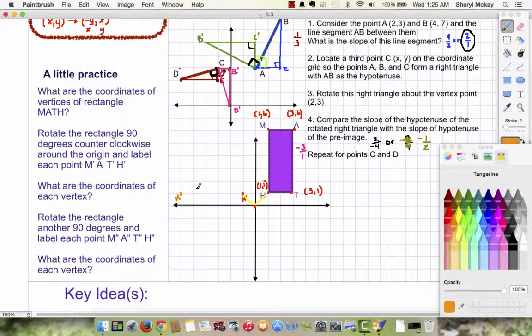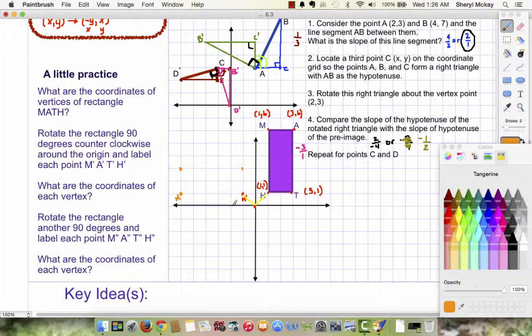Now, once I've got my H and I've got my M, I could do each of these. I could do the same thing. I could look at my slope, take the negative reciprocal. But once I've gotten a few, I can actually just draw it out, can't I? Because I know this rectangle, if this is my long side, M prime, H prime, then this is going to be my T, and this is going to be my A. And now I have my vertices, don't I?